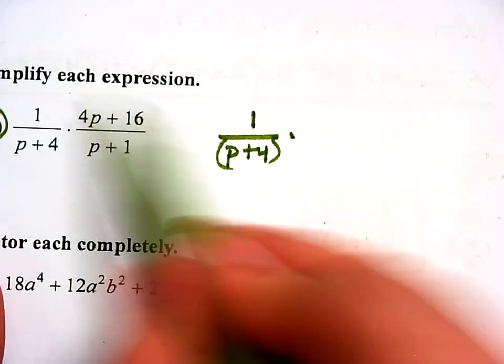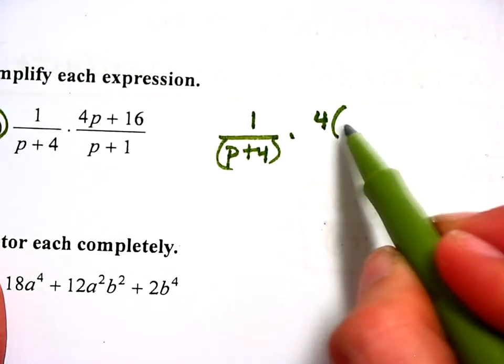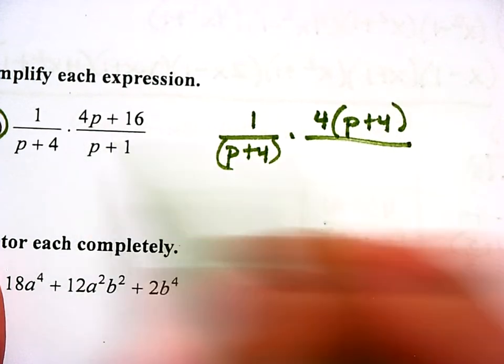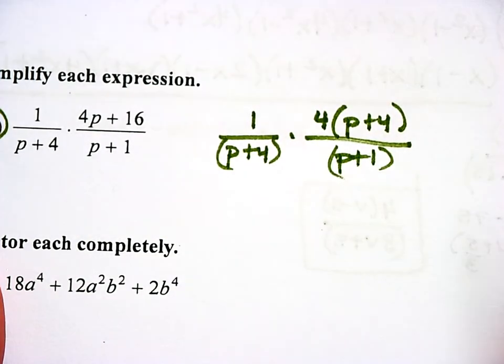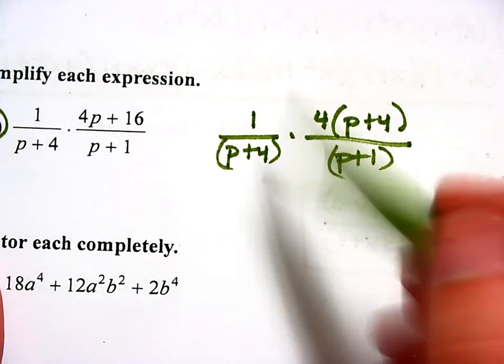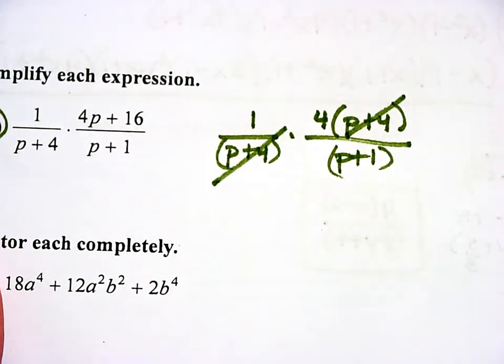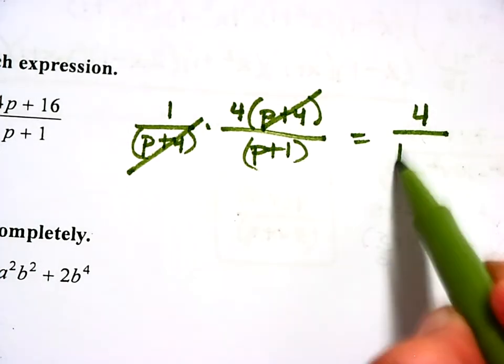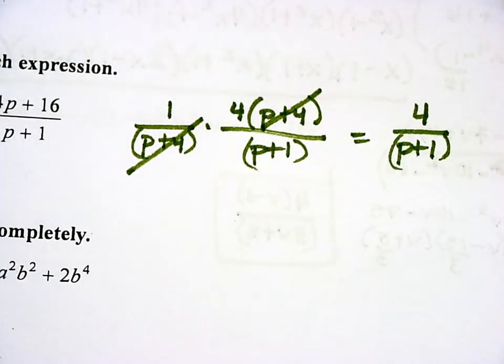And then this one right here factors as a 4, and then p plus 4 is left, all over p plus 1. Since we're multiplying, anything in the numerator and the denominator will cancel. So we've got these p plus 4s, those factors will cancel. And if we multiply across, we get 4 over p plus 1. Then you're done.